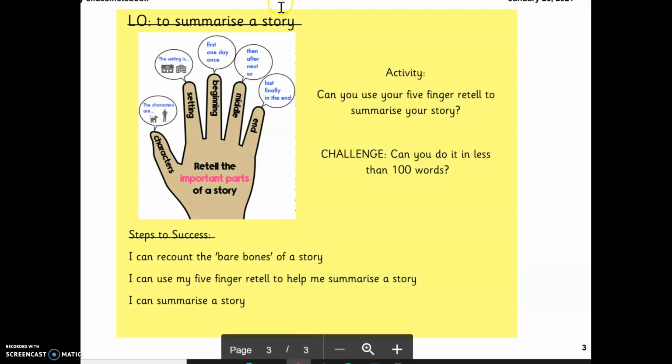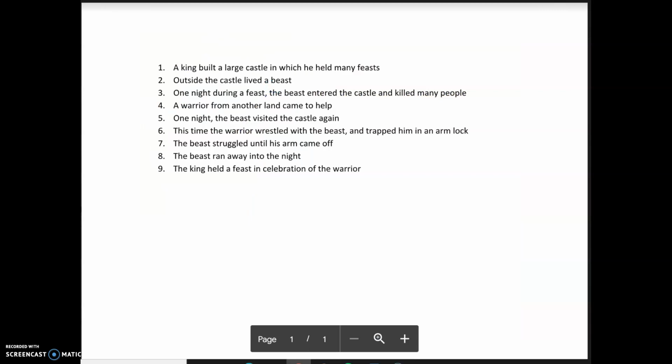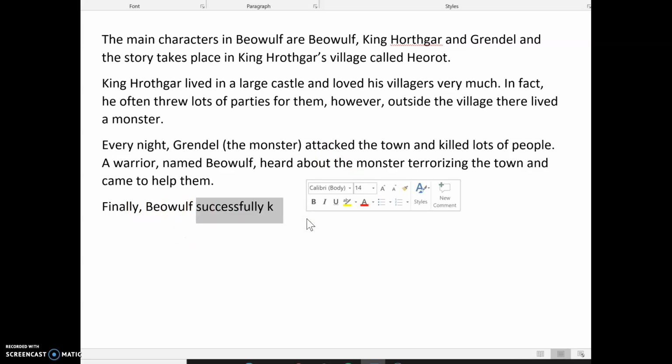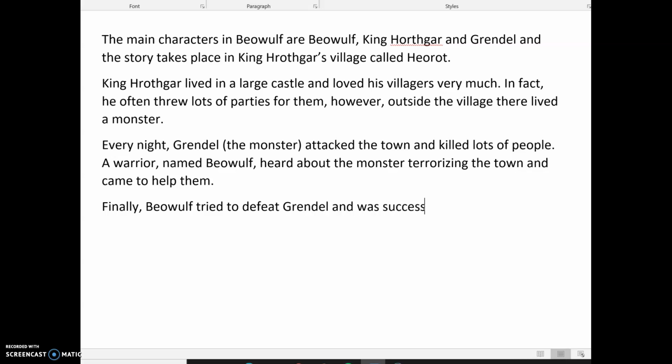What's happening towards the end? So if I look at my bare bones again, I can see that the beast was defeated, and at the end, a feast was held in celebration. So, finally, Beowulf tried to defeat Grendel and was successful in killing him.